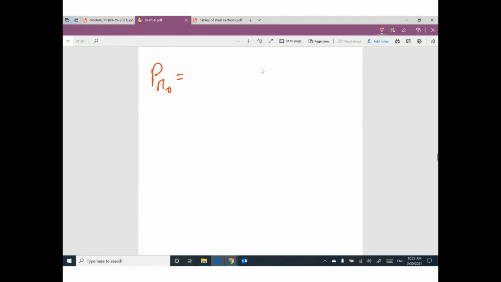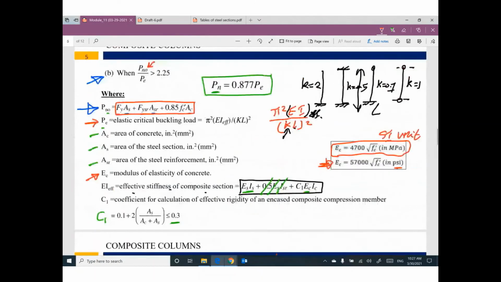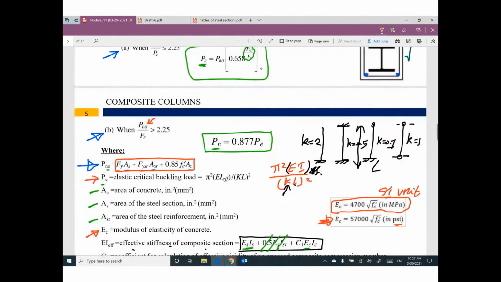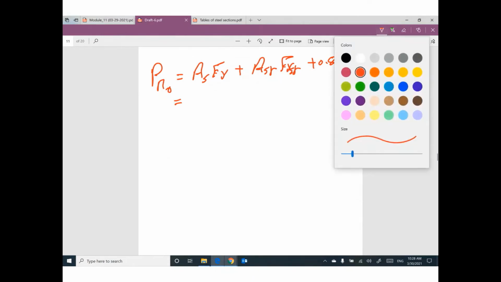What is the value of Pn naught? Area steel times F yield, plus area steel reinforcement times F yield steel reinforcement, plus 0.85 F prime C times area concrete. Do you remember? Put in your numbers.